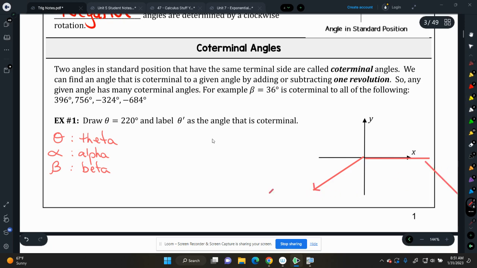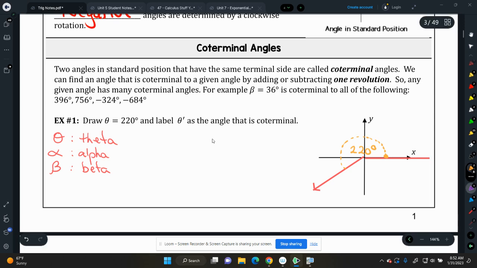So this angle, we're going to draw it like this so that you can see where I'm starting. This angle here is 220 degrees. Label an angle that is coterminal.